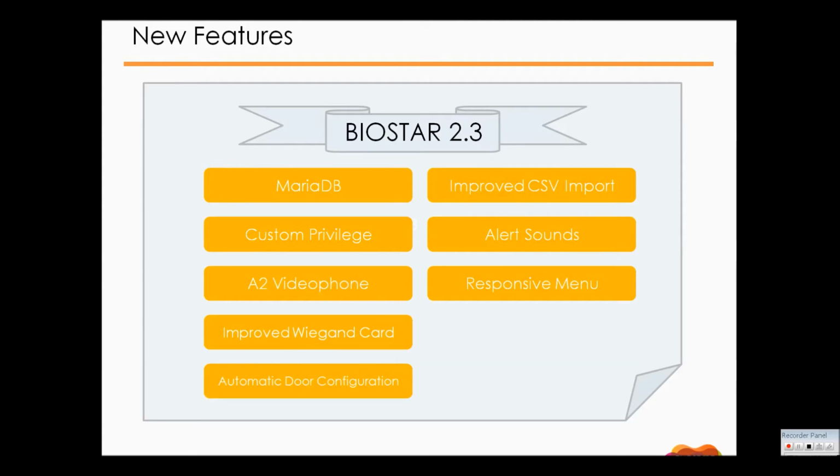BioStar 2 has overhauled its Wiegand card features, which I will explain in the coming slides. You can now configure a door in BioStar 2 for automatic doors. User CSV import now has convenient automated features. And you can now configure sounds for BioStar client alerts. And finally, the global menu now has a responsive user interface.